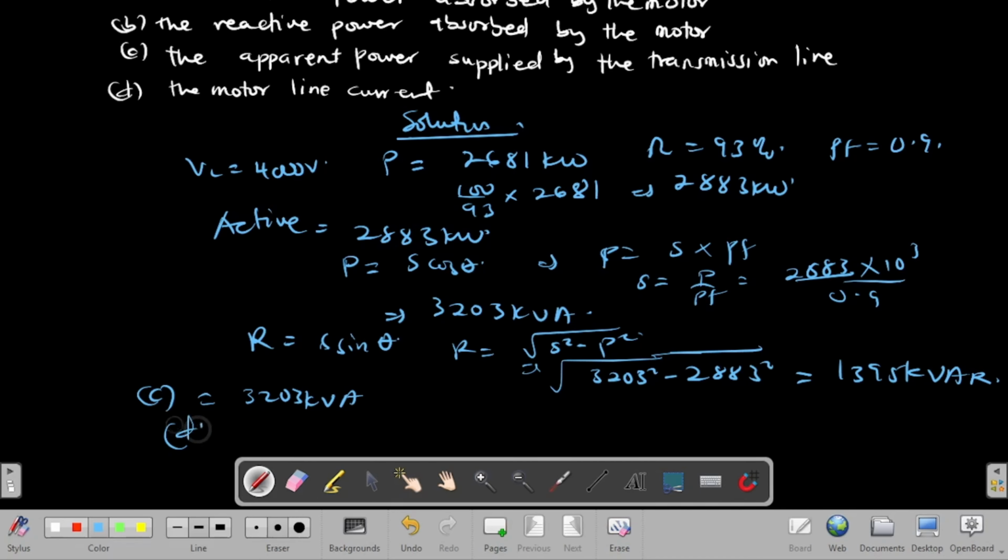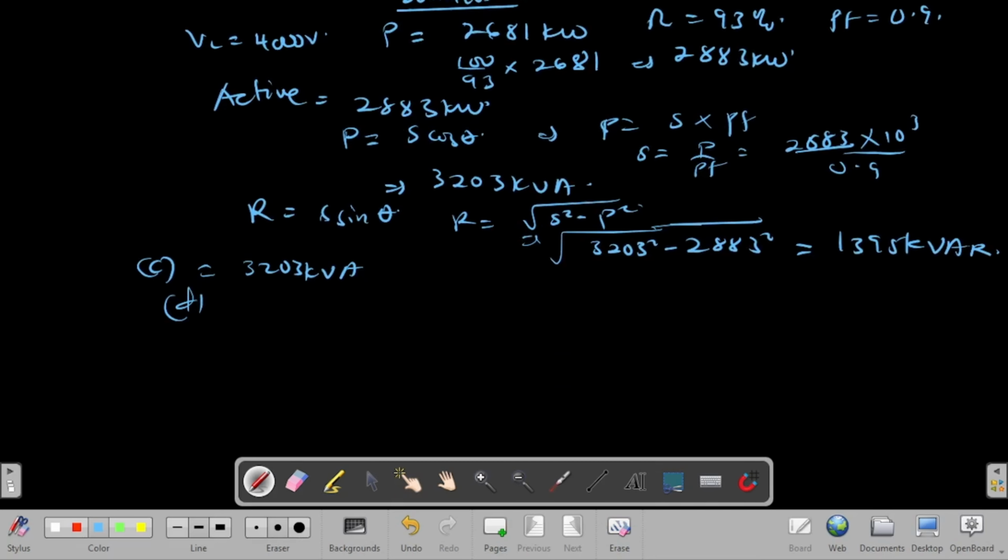Then finally the D, the motor line current. For the motor line current, remember that power is simply equal to the square root of 3 times V times I, or L. Is that not it? So if I want to find my transmission line current, it's simple.